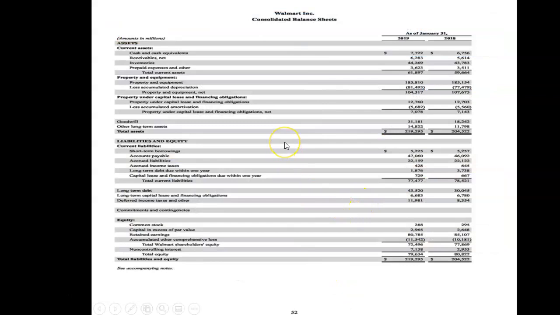Now, hope you can see this okay. I tried to make it larger, but not make it where it wasn't visible. This is a balance sheet for Walmart, okay? And these numbers are in millions. And I want to focus on the inventory amount for Walmart. Notice that number is 44,269.